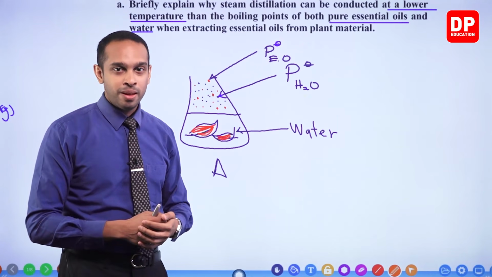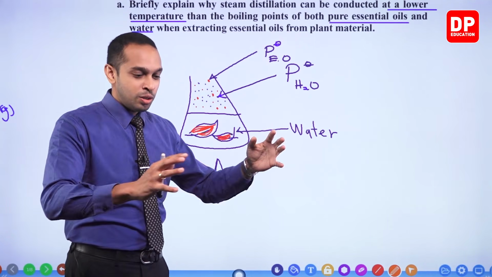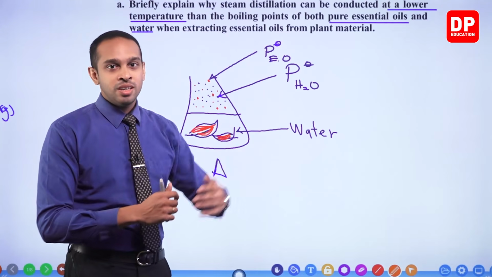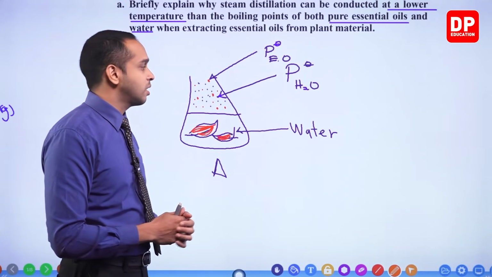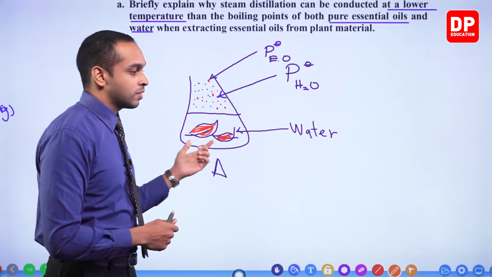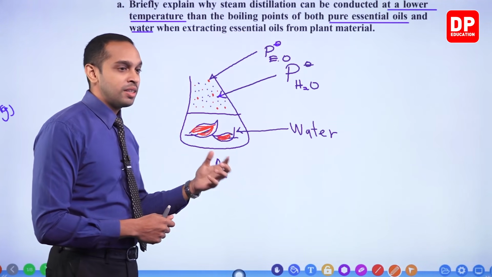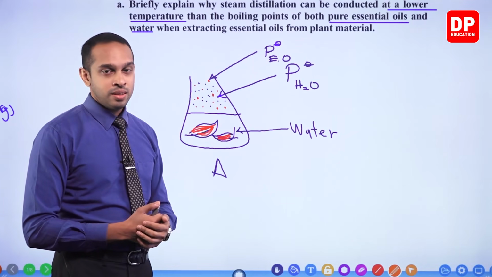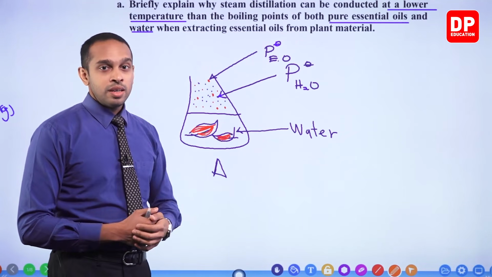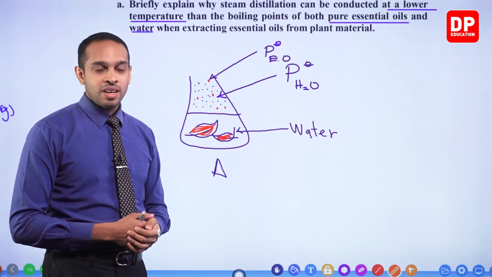They have to only together reach 1 atm pressure, right? So because of this, students, the boiling temperature of this mixture would be at a lower temperature than their individual boiling temperatures. Is that clear?